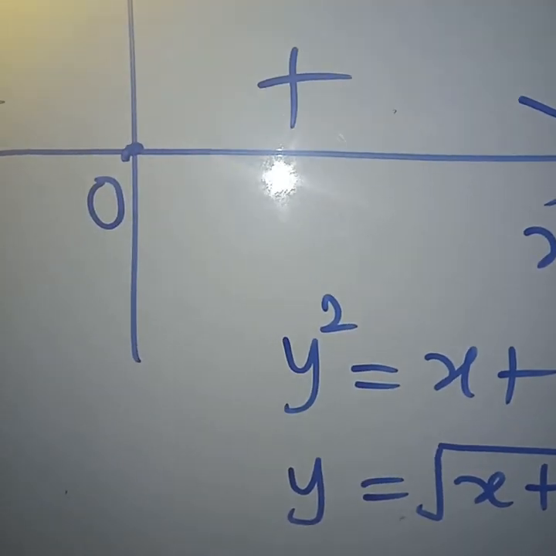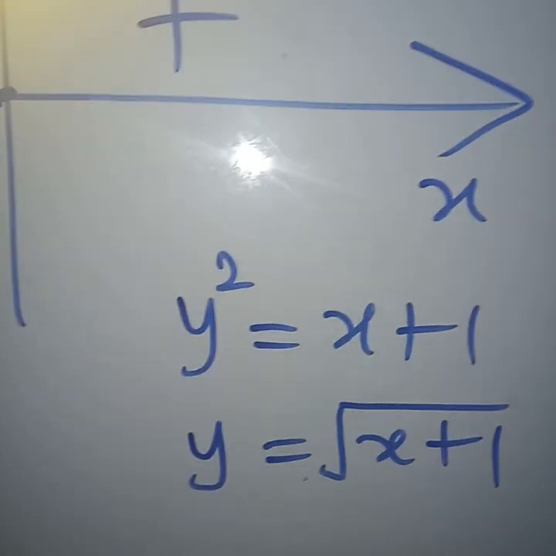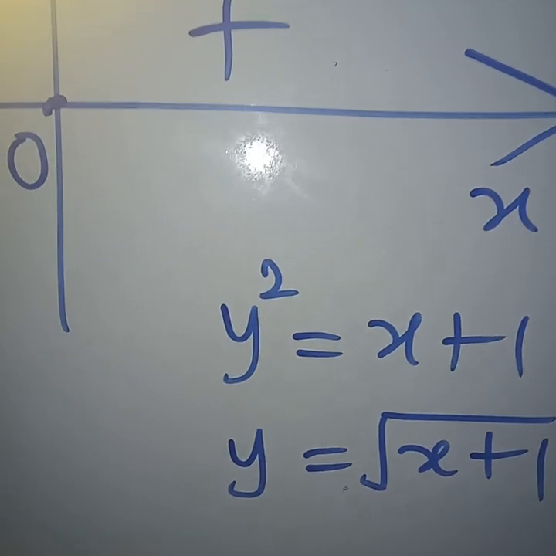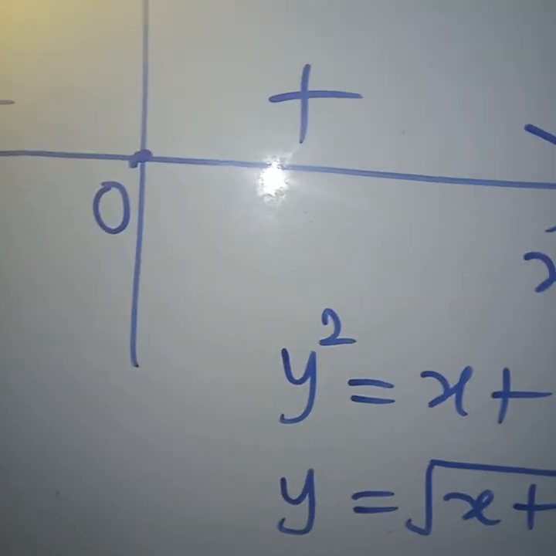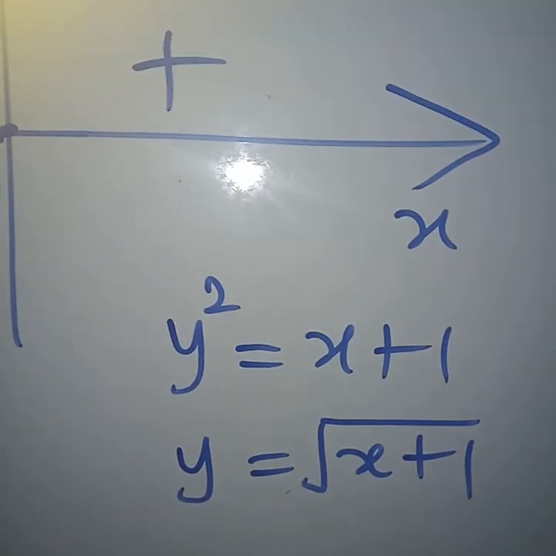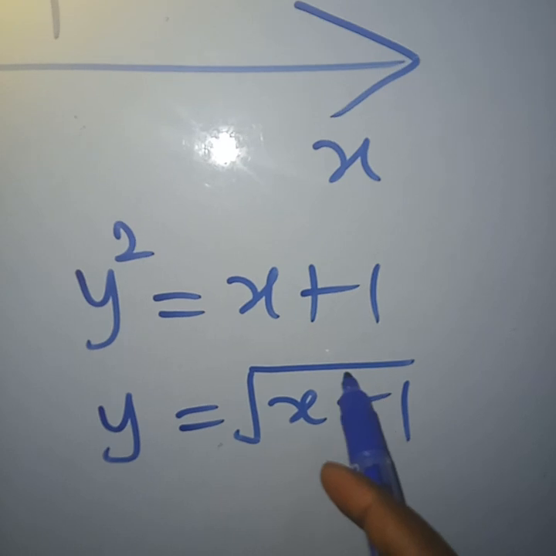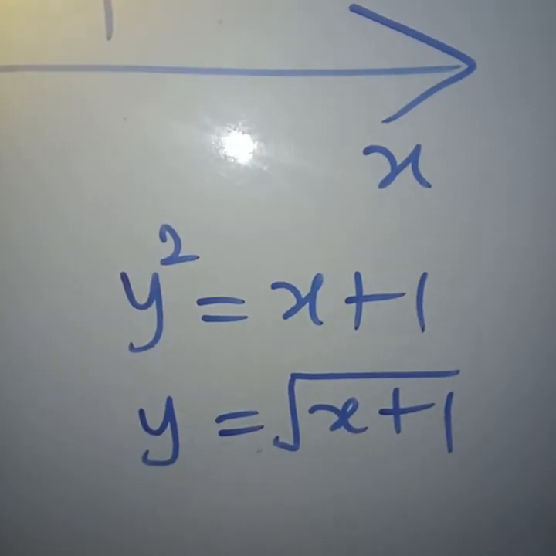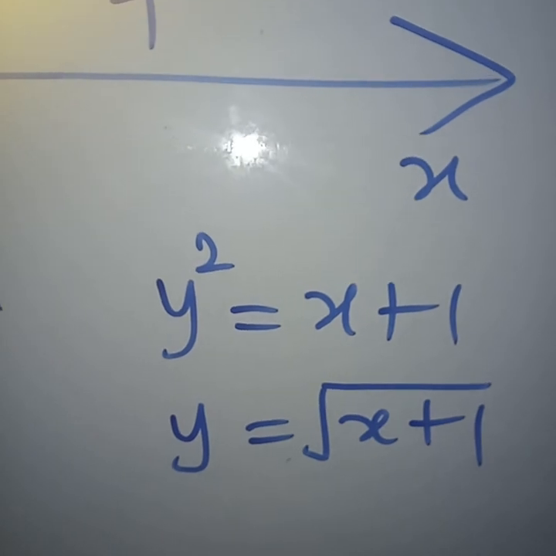Since we are dealing with a square root here, and this has to do with a function of a real variable, the quantity under the square root must never be negative.